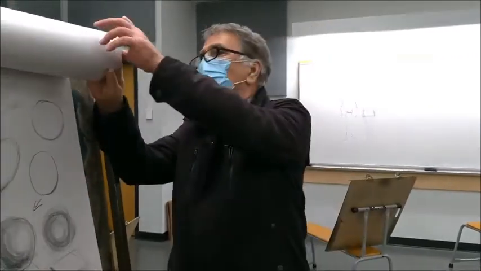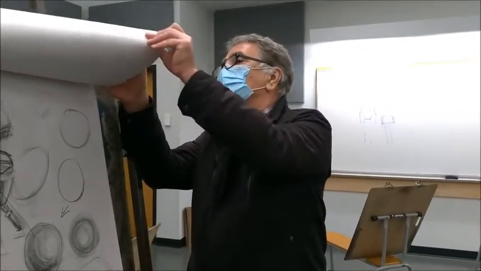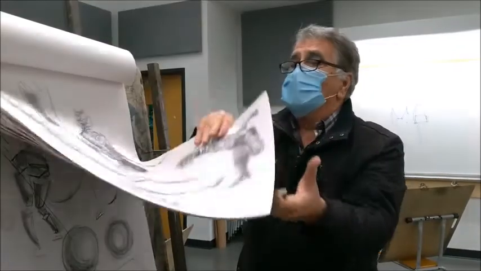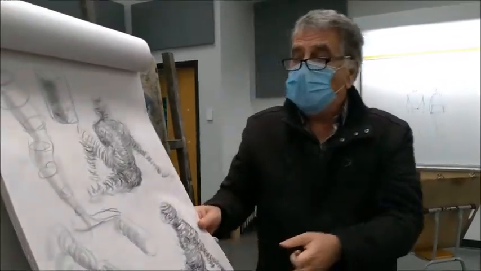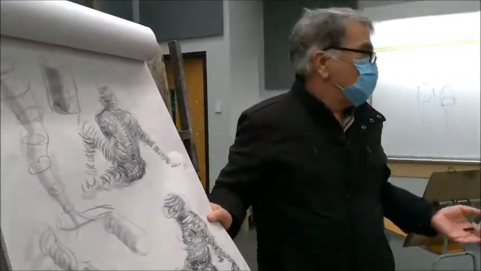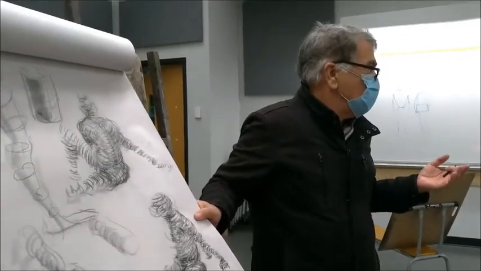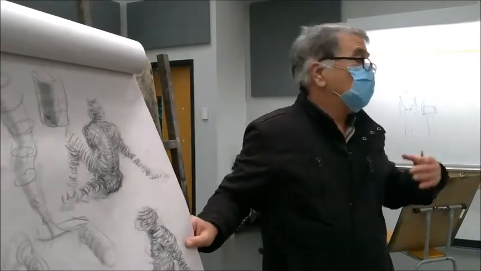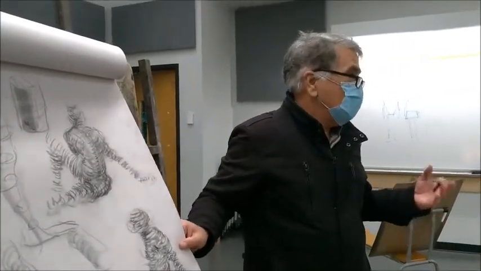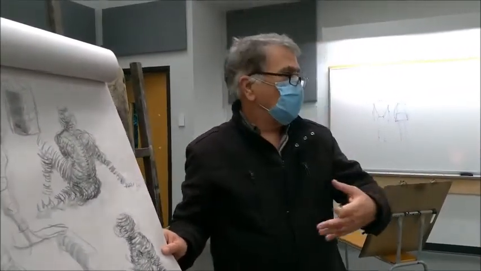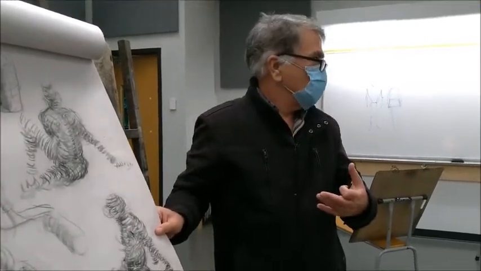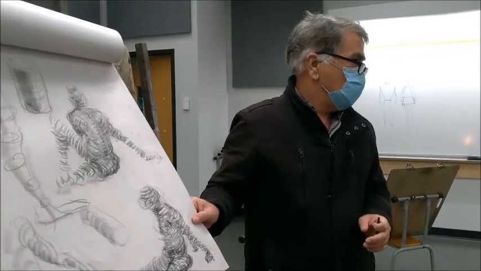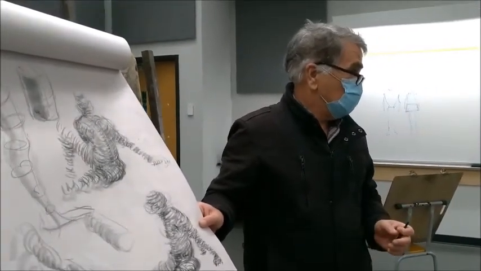Now that we are working on cross contours, and let me go back to this again, now that you're working on cross contours, I think it's a good time to also talk about indirect lighting and the relationship of indirect lighting with cross contour drawing, especially with no outline drawing that I was suggesting to you a few weeks ago.